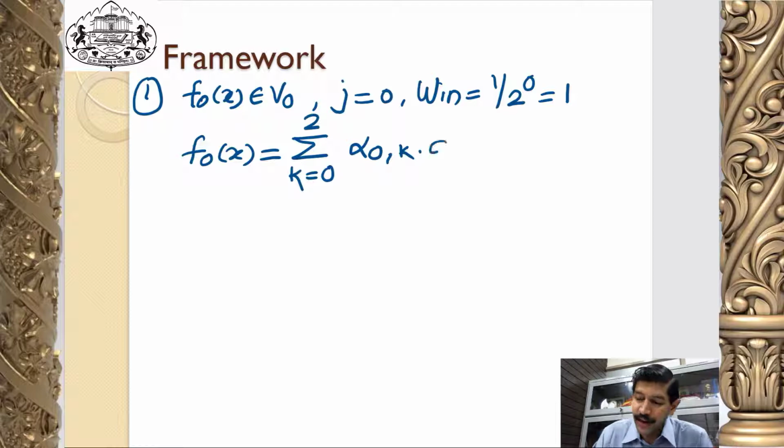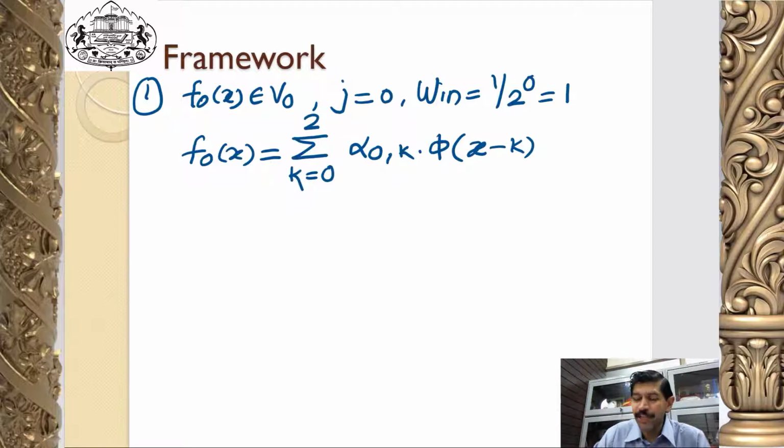And then phi of 2 to the power j x, 2 raised to 0 is 1, so phi of x minus k. So this is how our f0 of x will typically look.